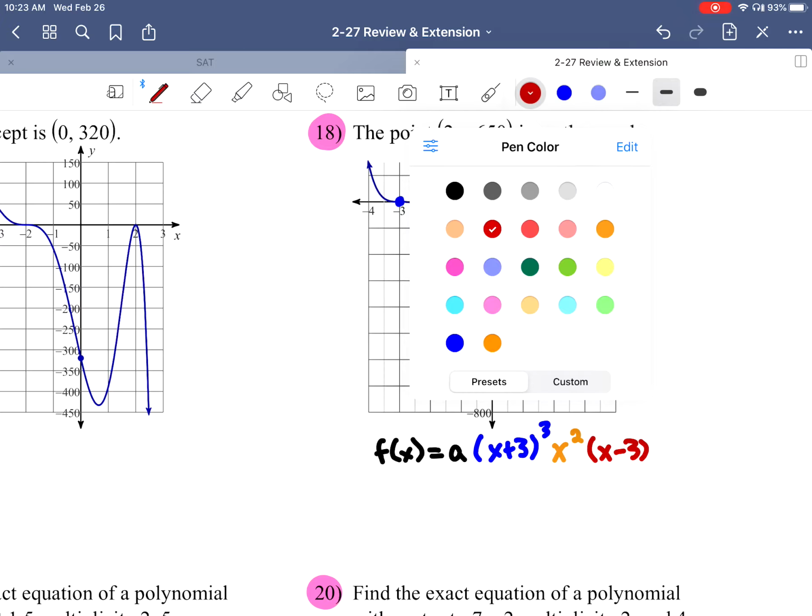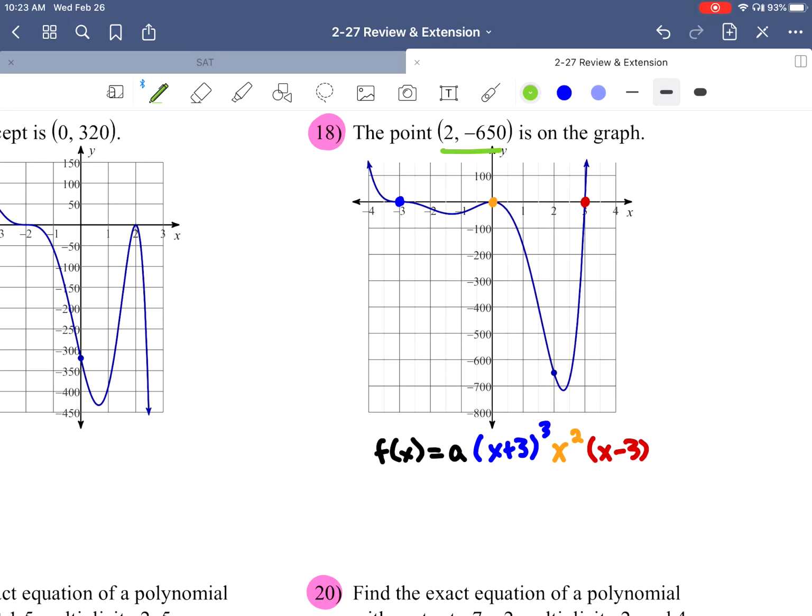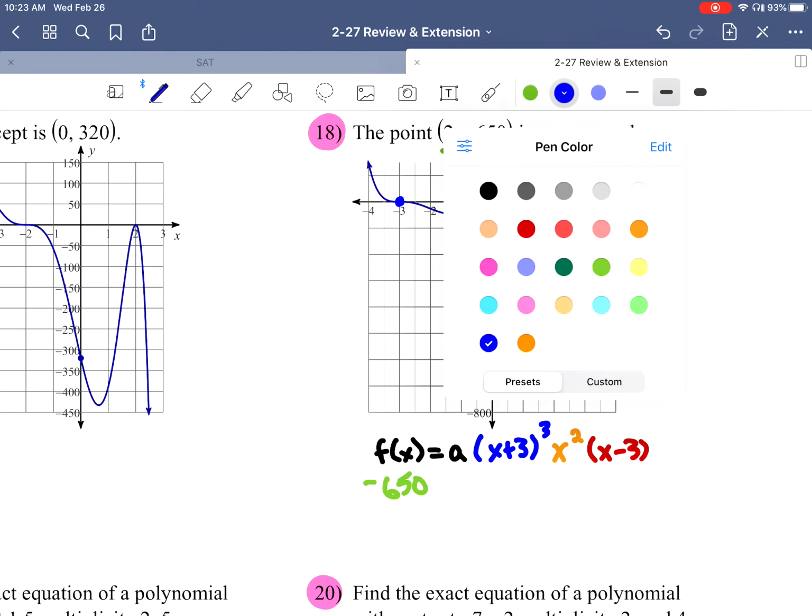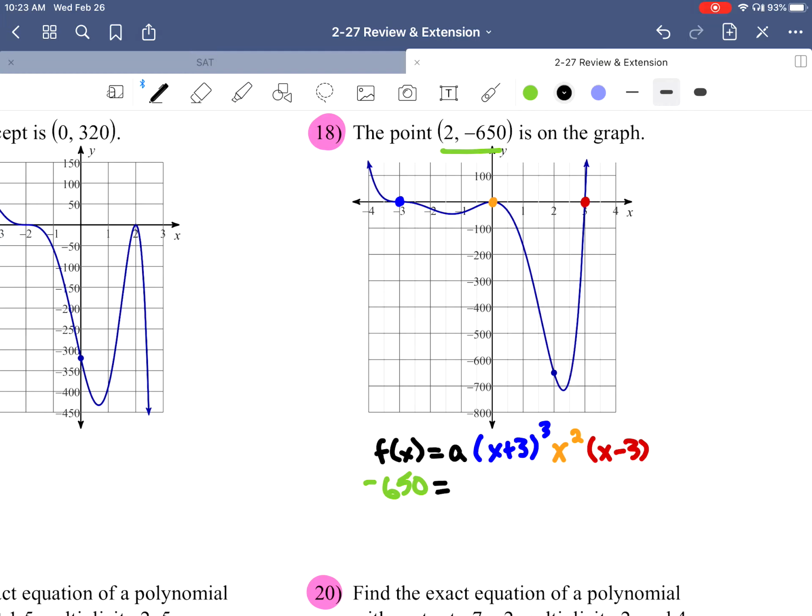And in order to do that, I'm going to substitute in my point here. So my y value is -650. That's going to be equal to a times the quantity. My x value is 2.